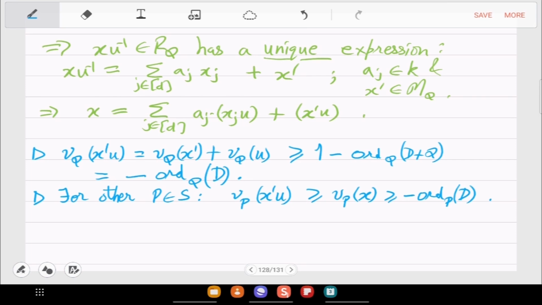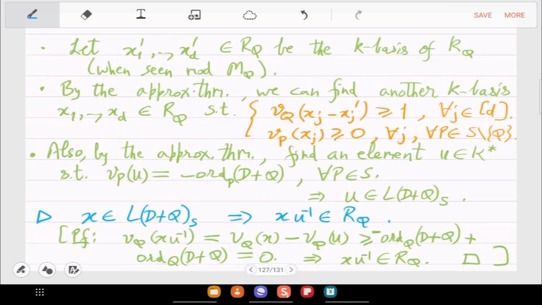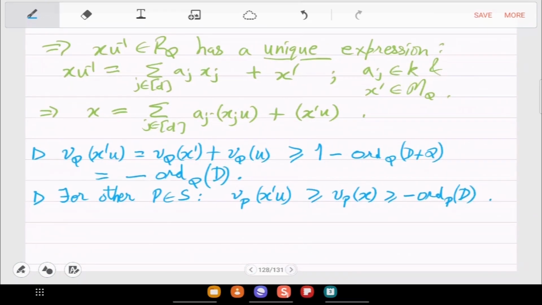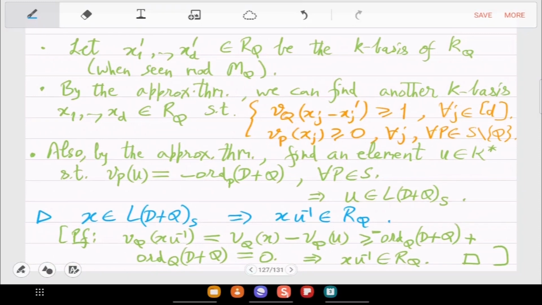That is the problem. I don't know V_p of x prime. It's only V_p of x_j that is at least 0. And V_p of u I have exact control.